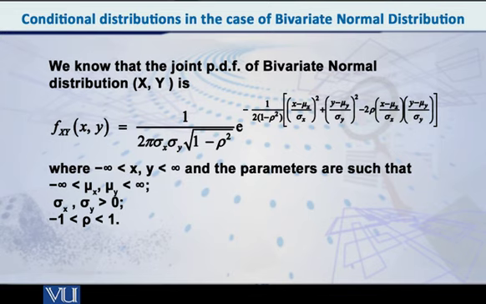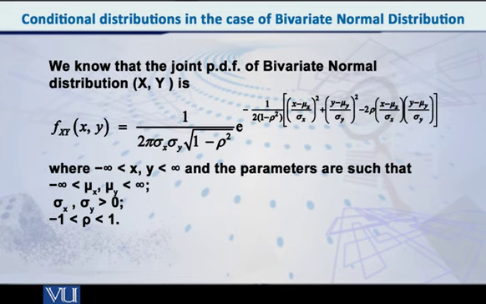And what is that? It is minus 1 over 2 into 1 minus rho square, and this thing multiplied by (x minus mu x over sigma x) whole square plus (y minus mu y over sigma y) whole square minus 2 rho into (x minus mu x over sigma x) into (y minus mu y over sigma y).